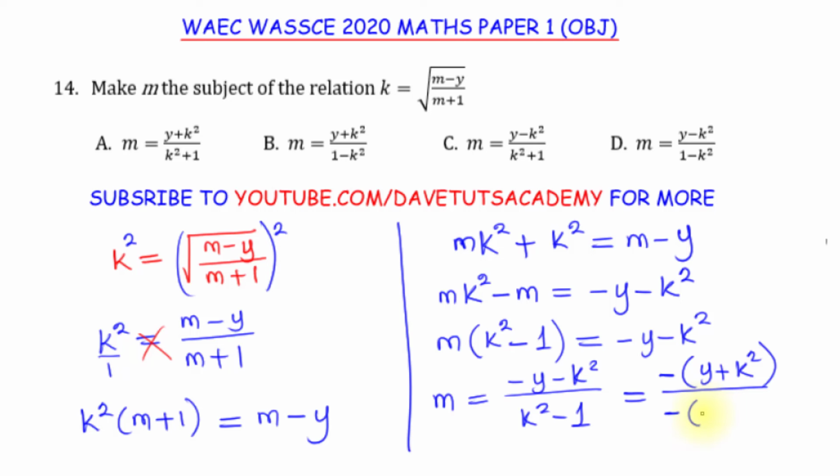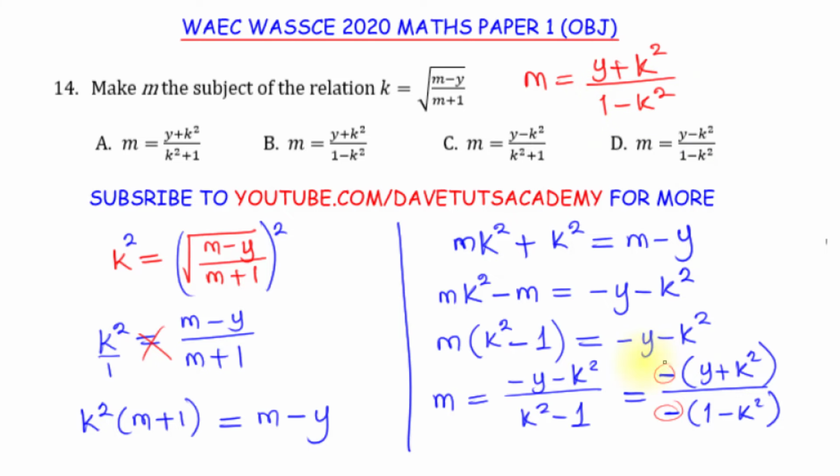Minus 1 multiplied by 1 minus k raised to power 2, so that these two negative signs will just cancel out, and then m will be y plus k raised to power 2 over 1 minus k raised to power 2.